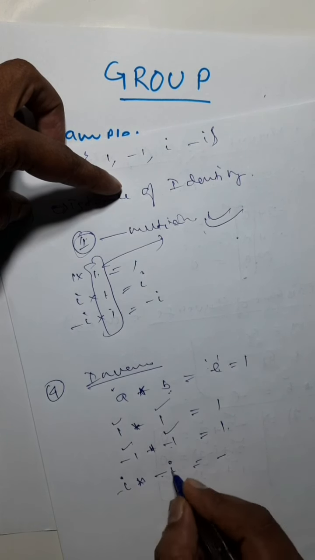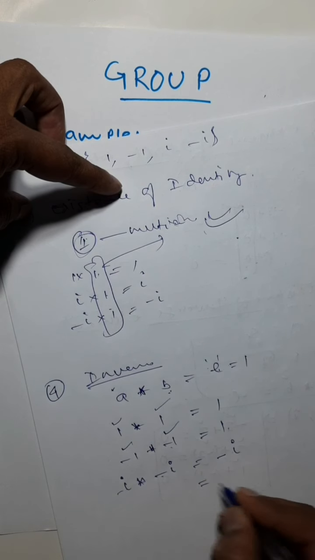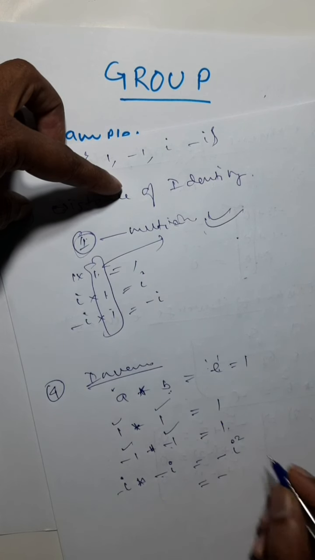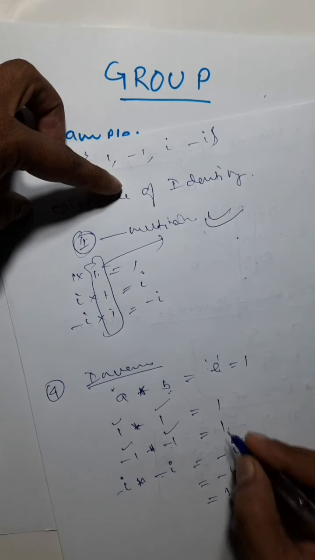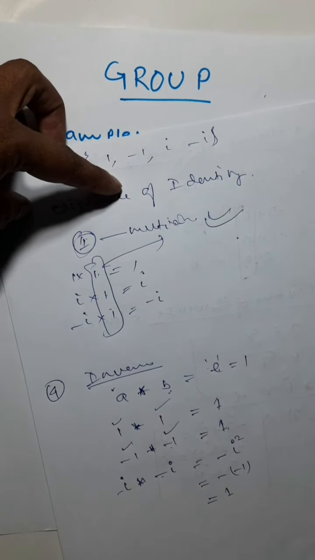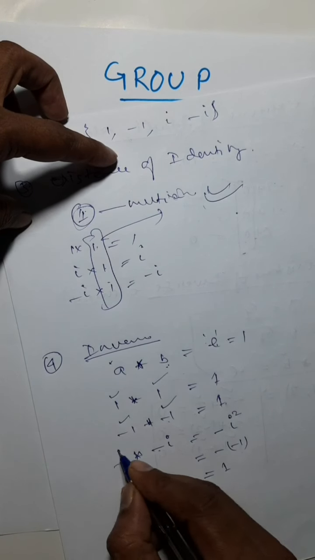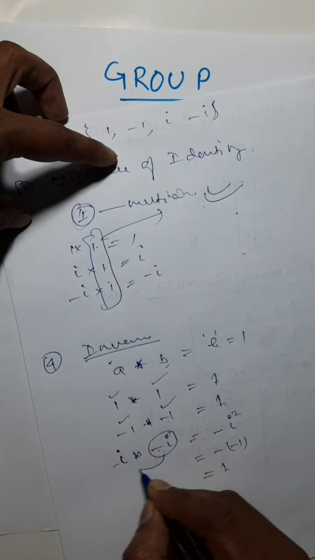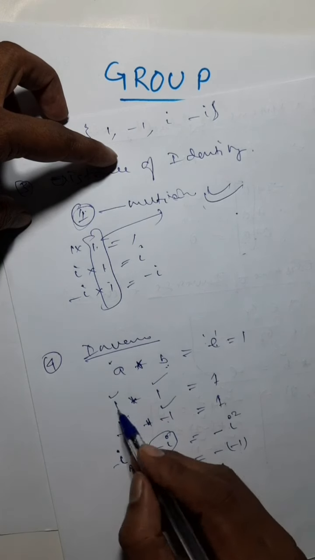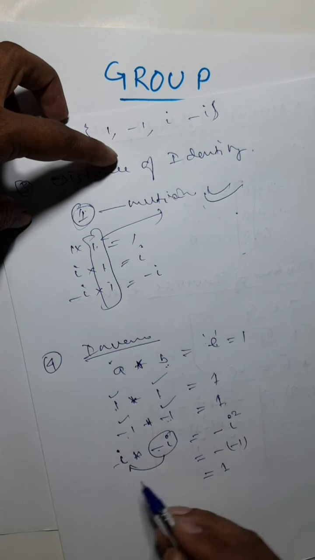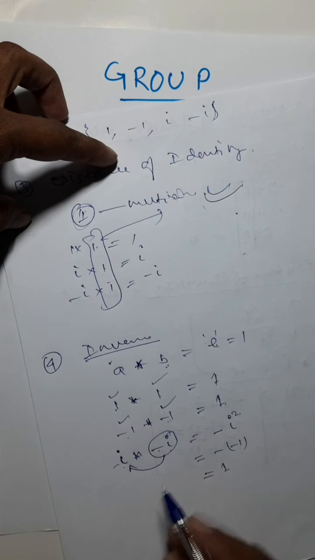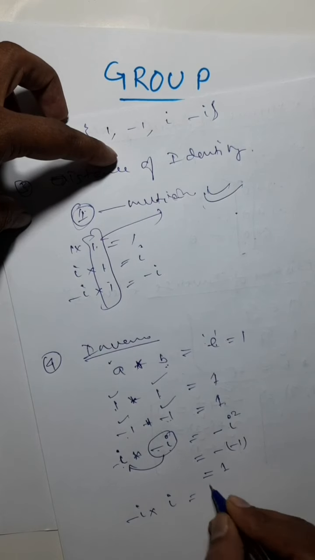Minus I square, which means -(-1), which is 1. The identity element 1 here. So -I is the inverse element of I. For -I, the inverse element is I.